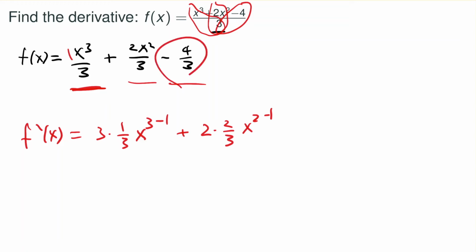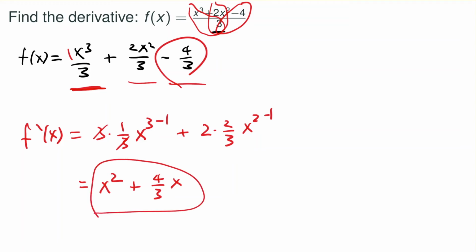Multiplication order doesn't matter, right? And the derivative of a constant is 0. So if you simplify, 3's cancel out. We have x to the second power plus 4 over 3 x to the first power, which is just x. So this is the derivative of this function right here.